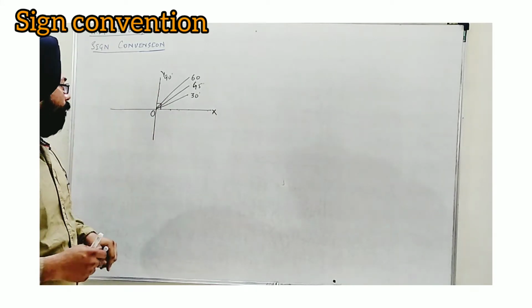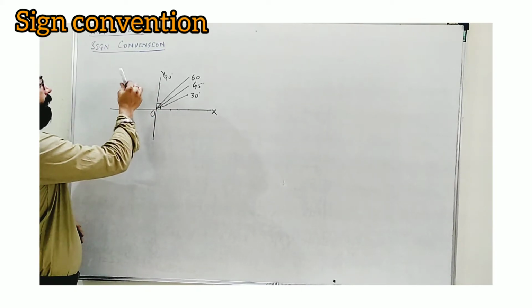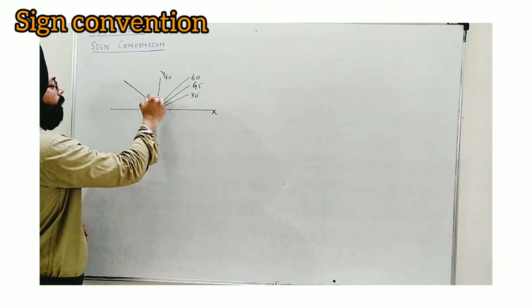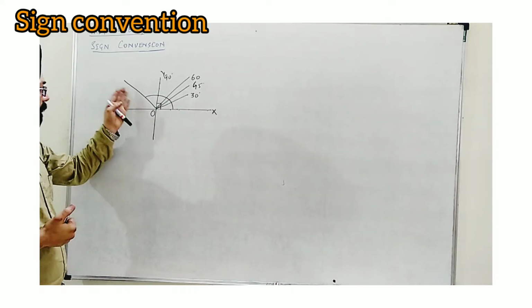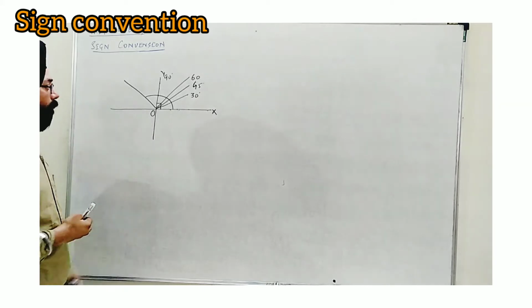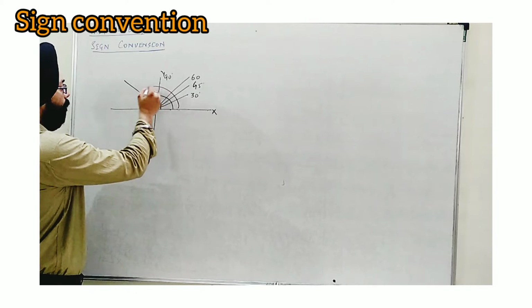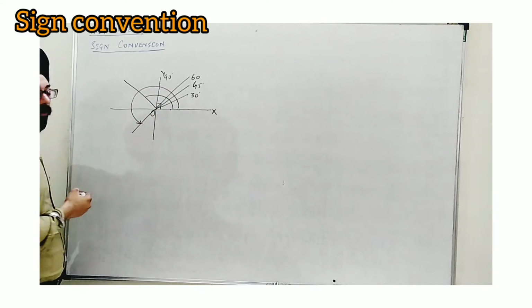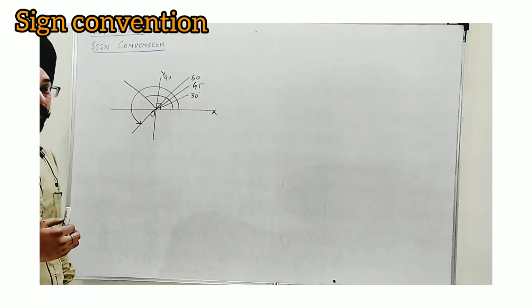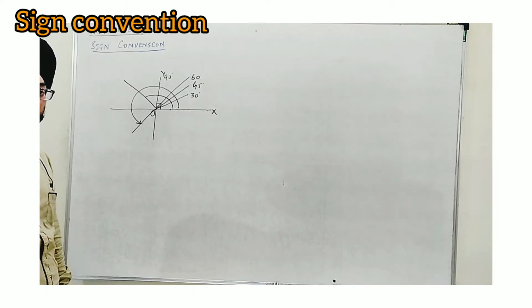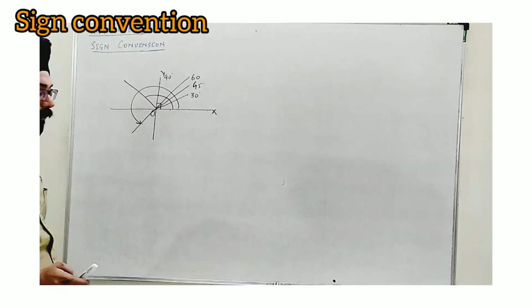So what happens when an angle is drawn beyond 90, like any obtuse angle? This is an obtuse angle. For sure the terminal arm now takes a position in the second quadrant. What happens when we make an angle which is reflex, meaning more than 180? This is an angle more than 180. I want to remind you that for the positive direction of angle, we always take the anti-clockwise direction, so I am discussing the anti-clockwise direction only.